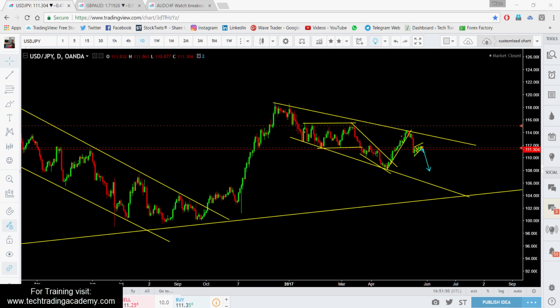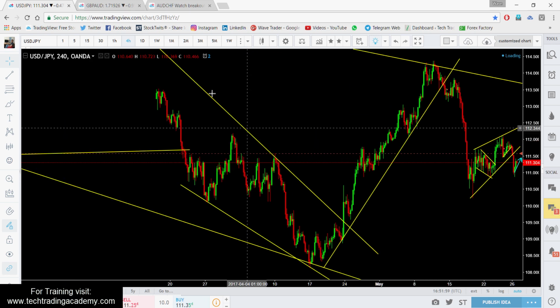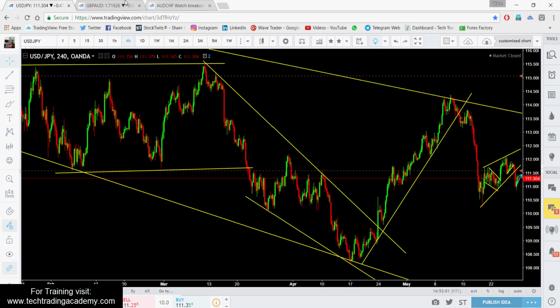So this pair has a high potential trade setup. Those who are already holding their short, just keep their short. We can test the bottom.